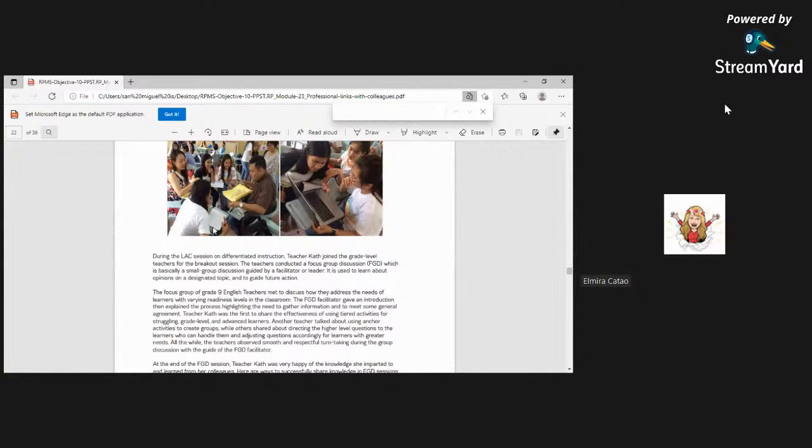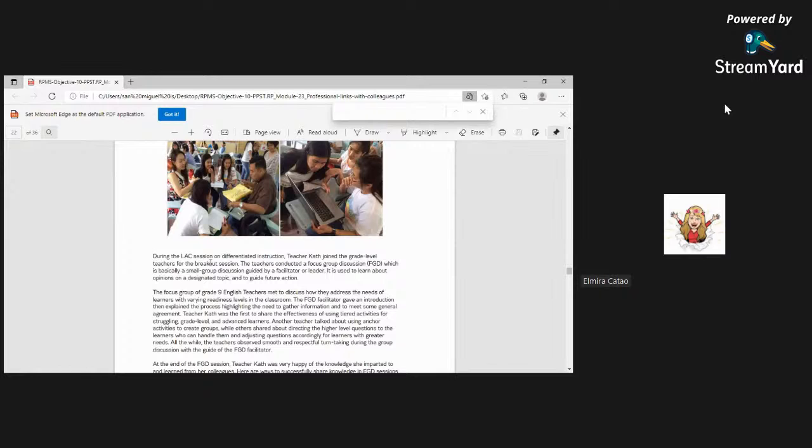And number 5, consider the results of the FGD session to guide your future actions, especially in the enhancement of teaching practice. So, whatever you think went wrong during your FGD experience will be the basis for your improvement on the next FGD discussions that you will have.